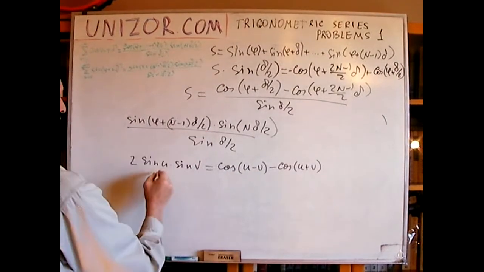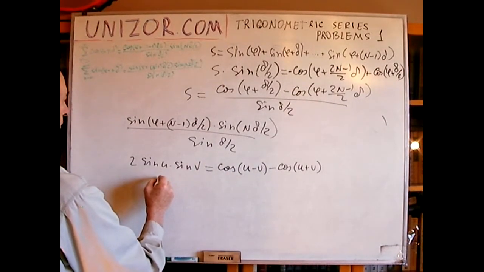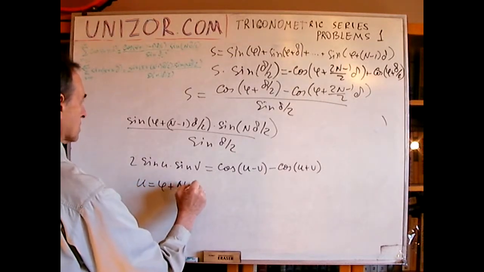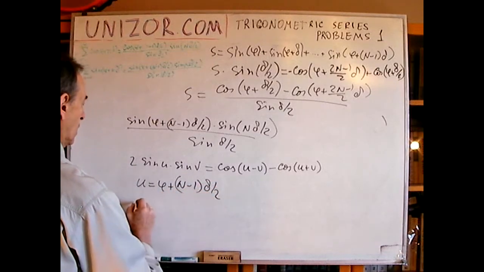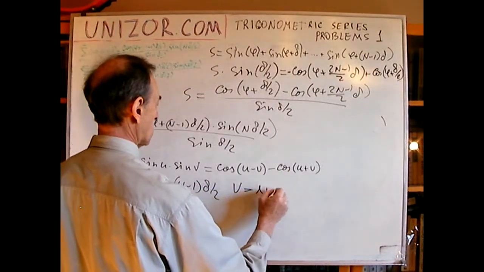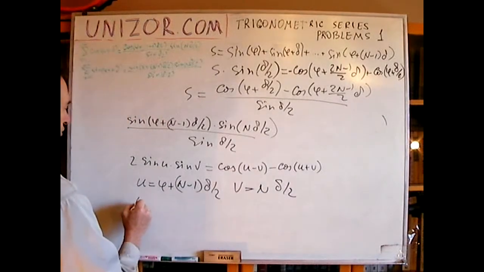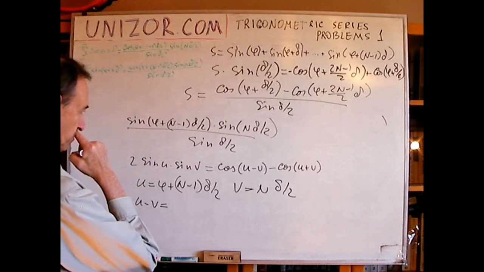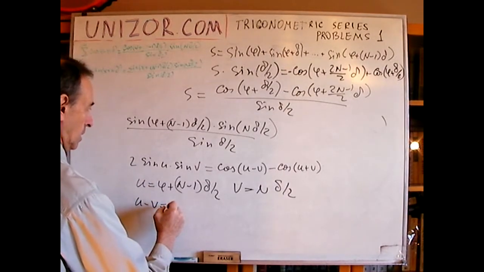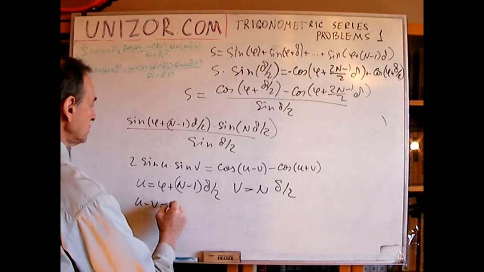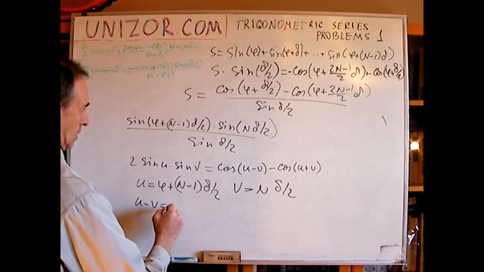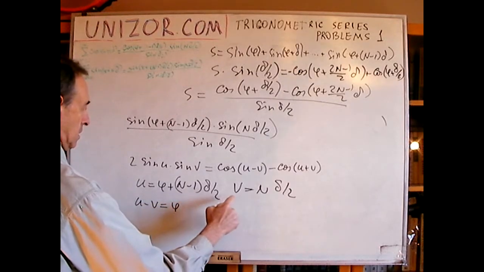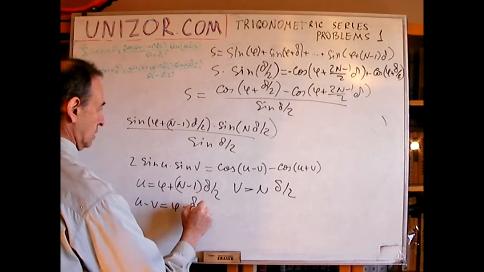So my question is, if u is equal to phi plus (n minus 1) delta over 2, and v is equal to n delta over 2, now, u minus v is equal to phi minus delta over 2.